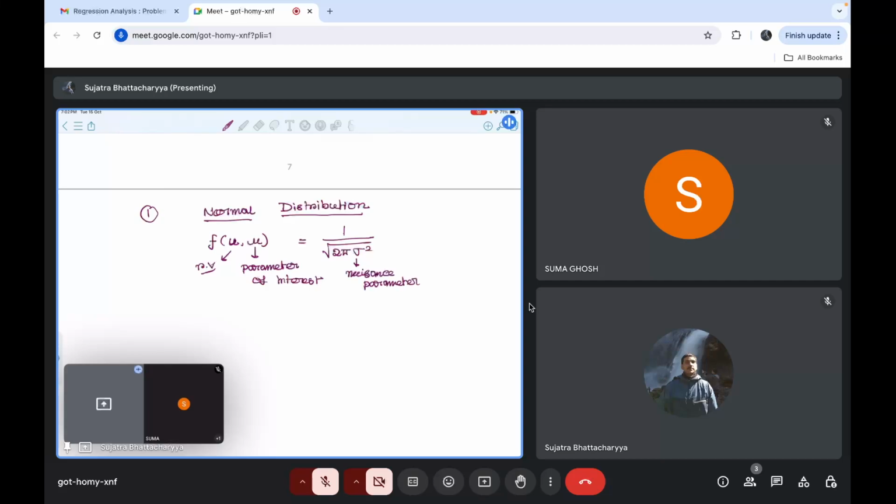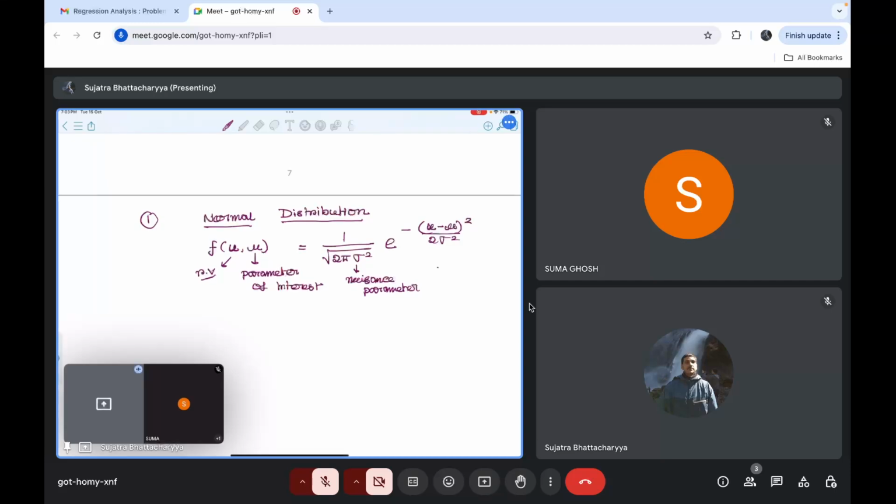So this is how we can write: e to the power minus u minus mu whole square divided by 2 sigma square. You can go from minus infinity to infinity.